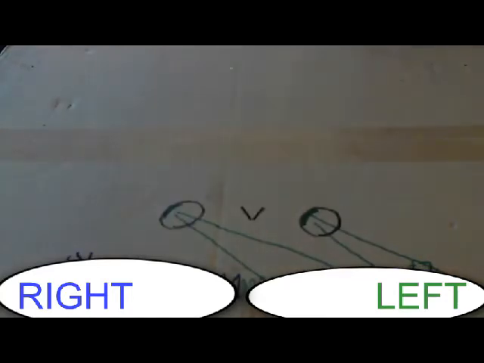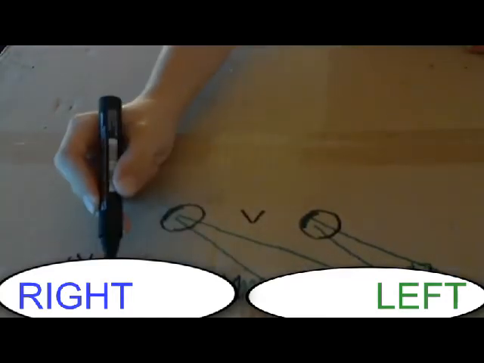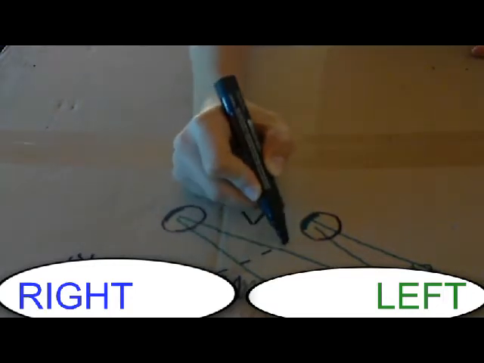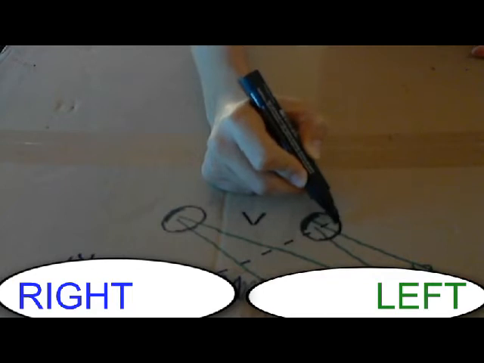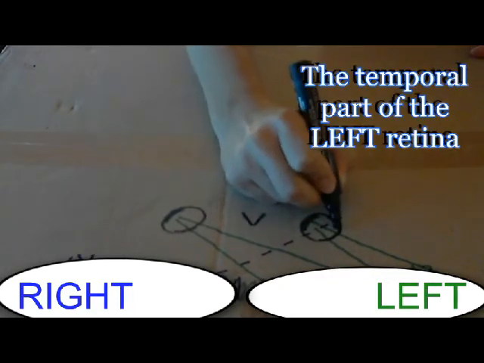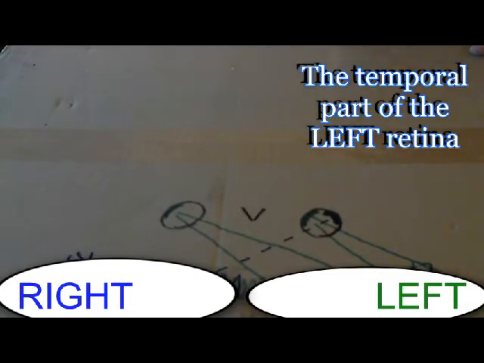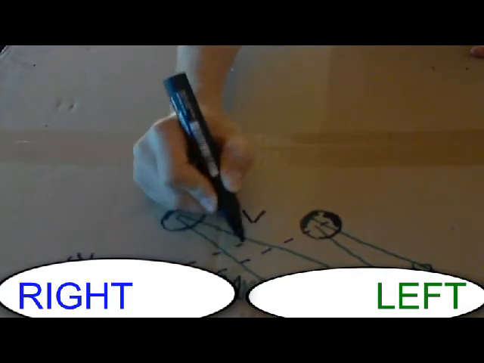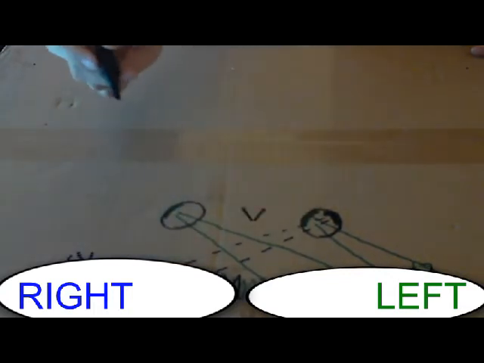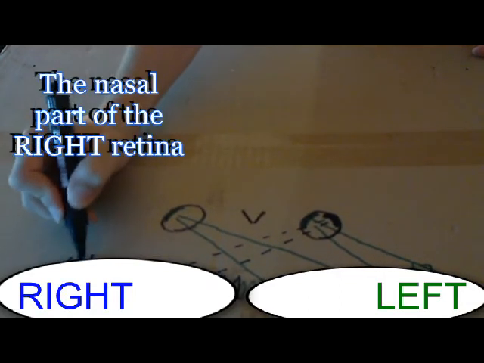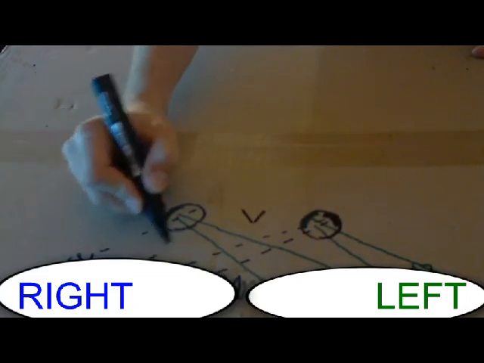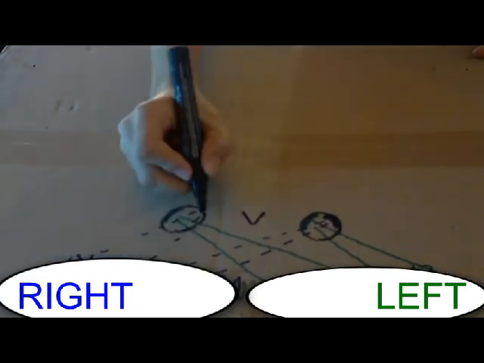Conversely, light from your right visual world hits the temporal part of your left eye and the nasal part of your right eye.